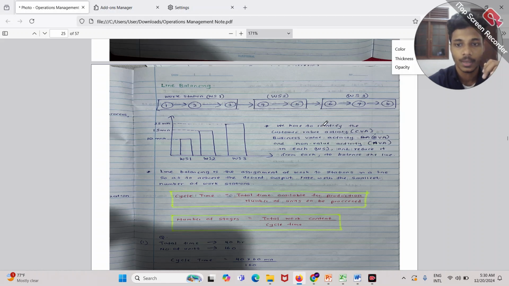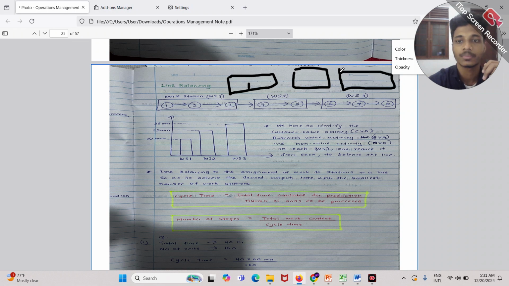We have to identify the customer value and non-value activities. The basic idea is the workstation. There are some workstations, number one, number two, number three. If you are doing some business, you have to select the individual tasks and allocate those individual tasks to these workstations properly.